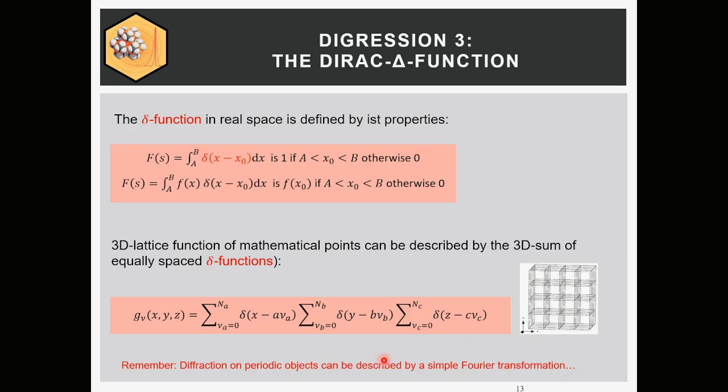This is just a 3D sum of delta functions. A, B, and C are the lattice parameters, and these are three delta functions, going from 0 to NA, where NA is the number of unit cells in A direction, NB the number of unit cells in B direction, and NC the number of unit cells in C direction.